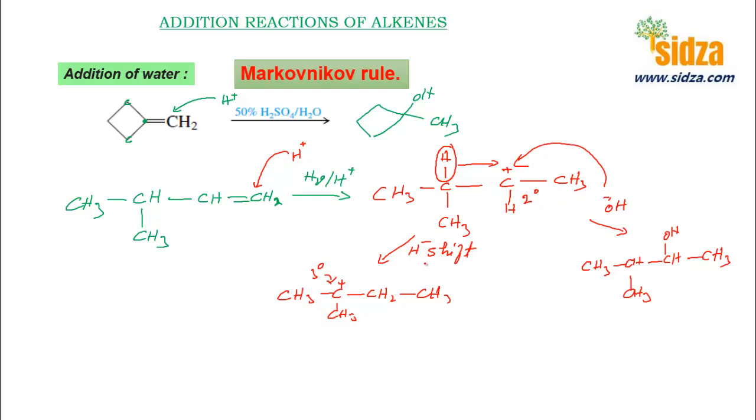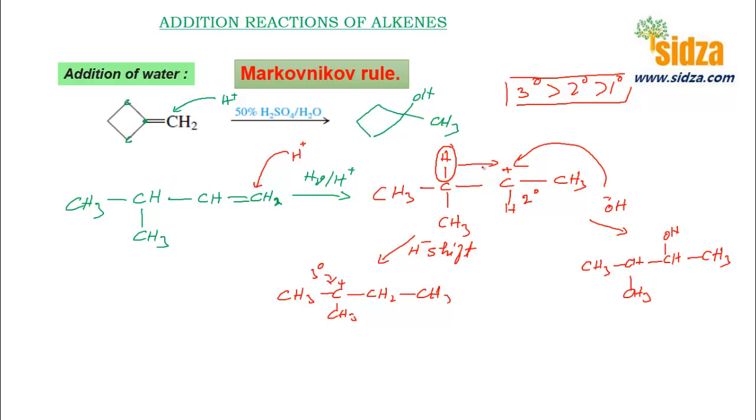And the reason why there will be the hydride shift, what is the driving force for this hydride shift? It is this extra stability of the carbocation, right? Because we know the order of stability of the carbocations is tertiary is more stable than secondary than primary, right? So that means if you get a secondary carbocation, it can rearrange to the tertiary if there is any possibility, right? You have to look at the molecule, if you can rearrange it to the other stable carbocation.